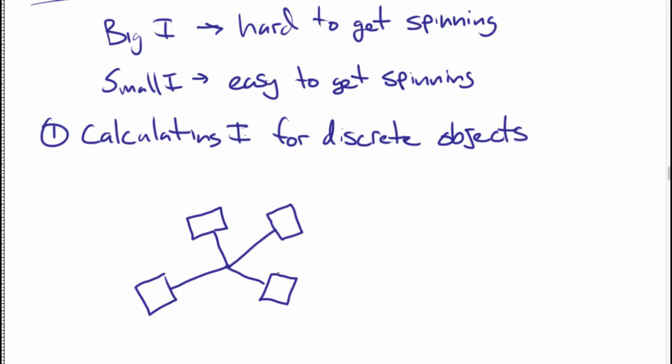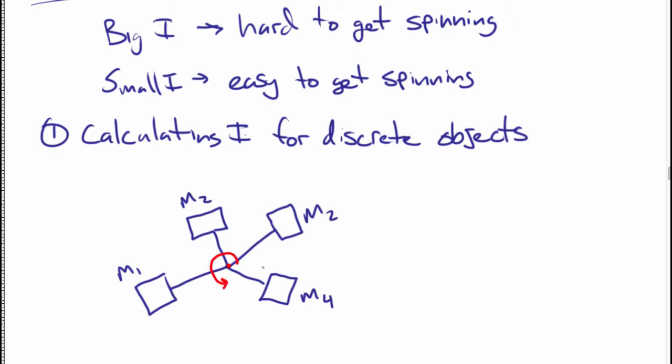What does matter is that each of these masses can be different. So this is mass 1, this is mass 2, this is mass 3, this is mass 4. And each of these masses is spinning around the axis of rotation that's right in the center here, at this little dot. So imagine that this thing is spinning like this.